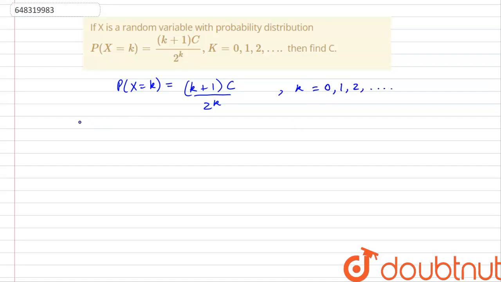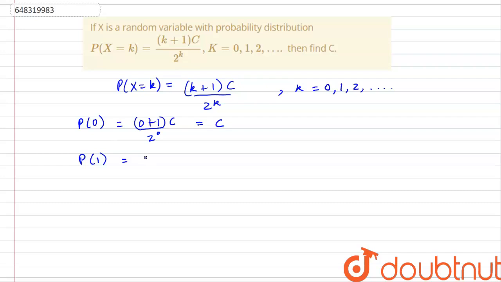So let us calculate a few probabilities. Let us first calculate the probability of X equal to 0. We just have to put 0 in place of k. So that will be (0 + 1) divided by 2 to the power 0, multiplied by c. So this will be equal to simply c. The probability that X is equal to 1, we have to put k equal to 1.